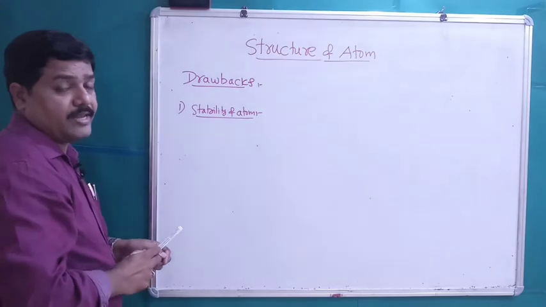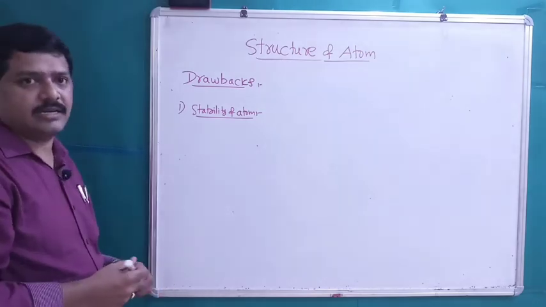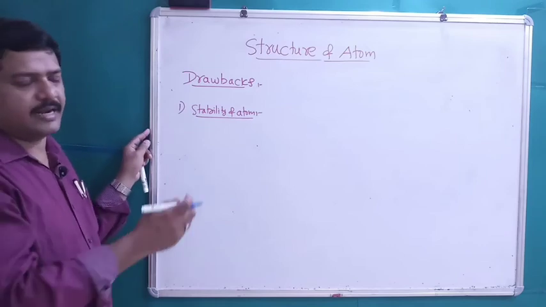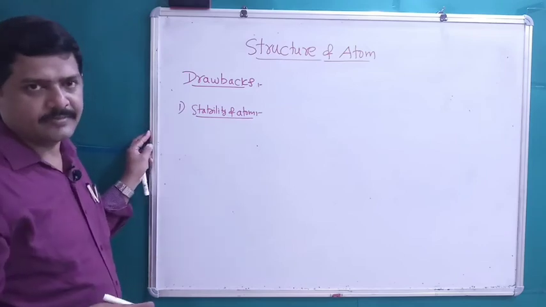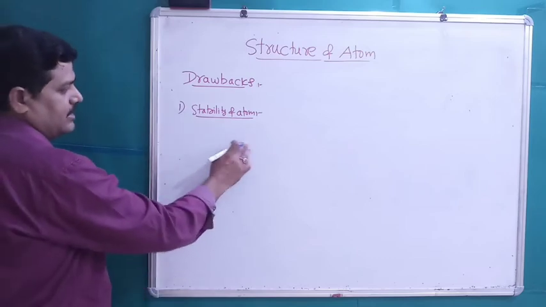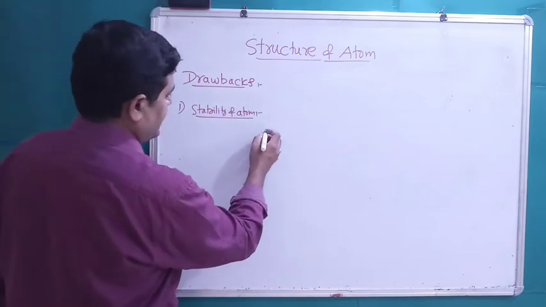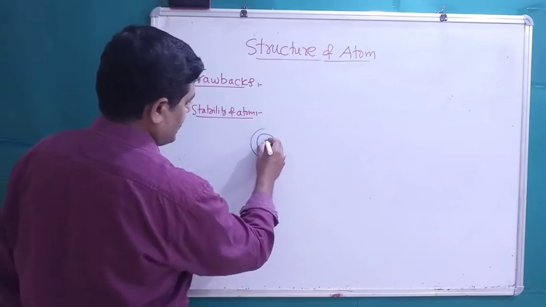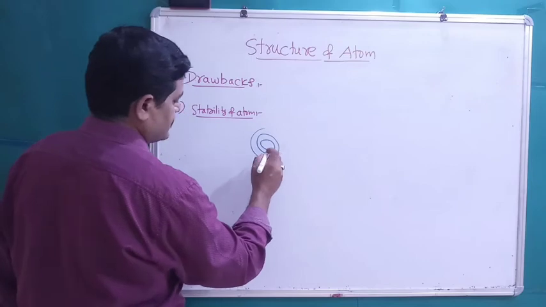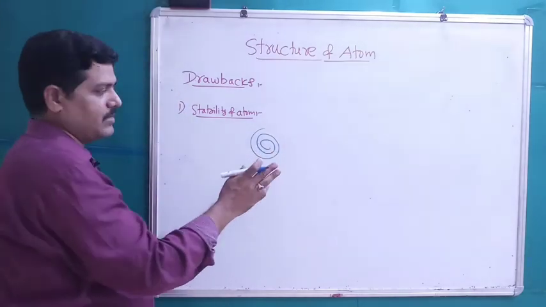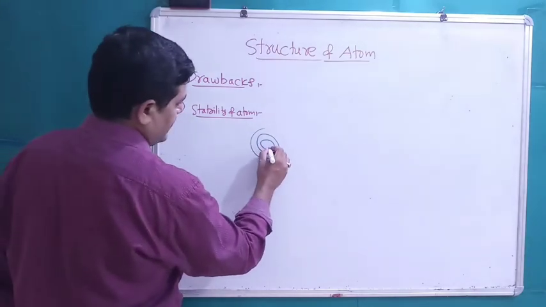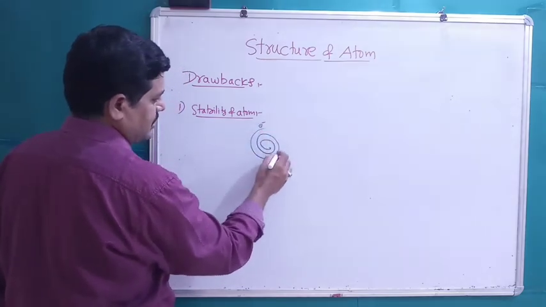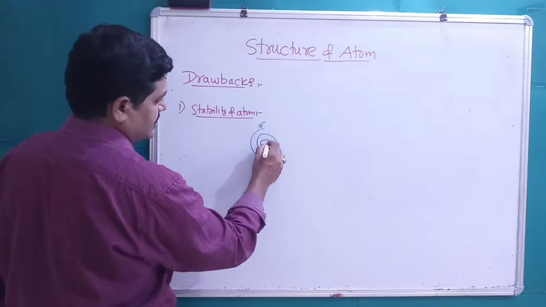According to Maxwell's electromagnetic theory, when a charged particle accelerates, it will radiate energy continuously. Electron is a charged particle. When it is revolving around the nucleus, it will lose energy, and then finally it should take a spiral path and collapse into the nucleus.